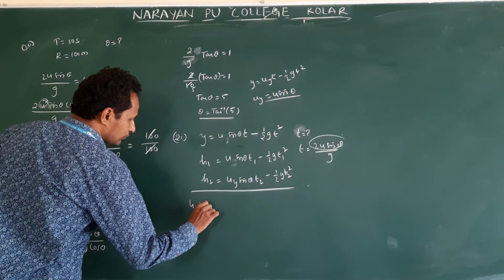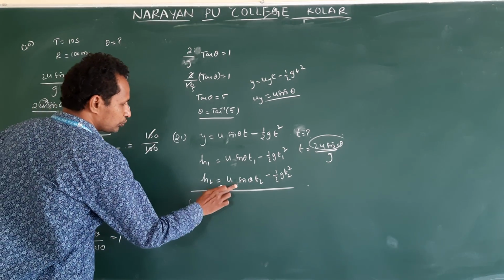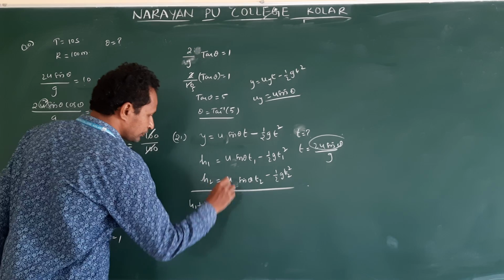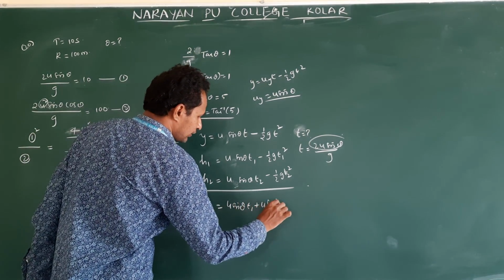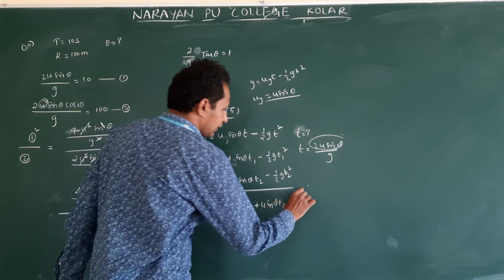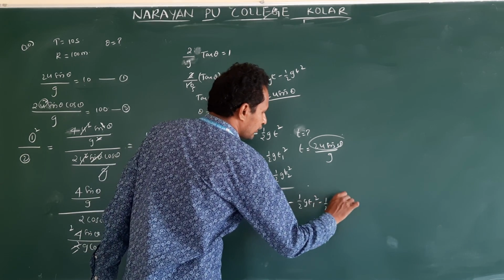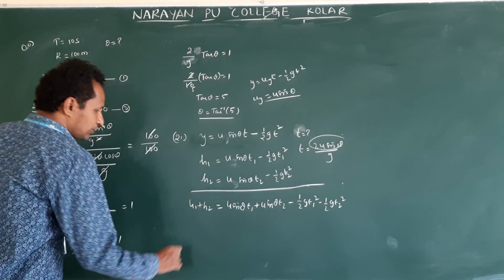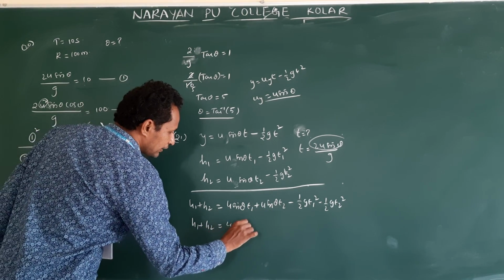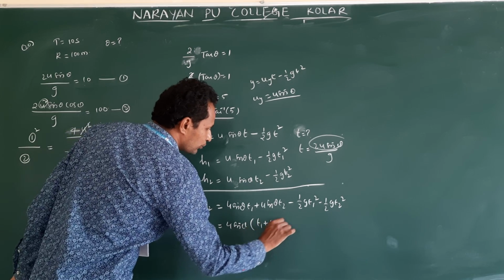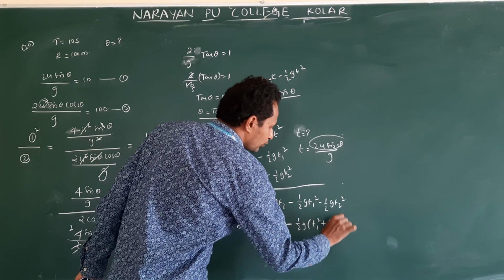Then h1 plus h2 will be u sin theta t1 plus u sin theta t2 minus half g t1 square minus half g t2 square. Right? So h1 plus h2. What is common in this? u sin theta is common, t1 plus t2. Here what is common? Half g is common, t1 square plus t2 square.